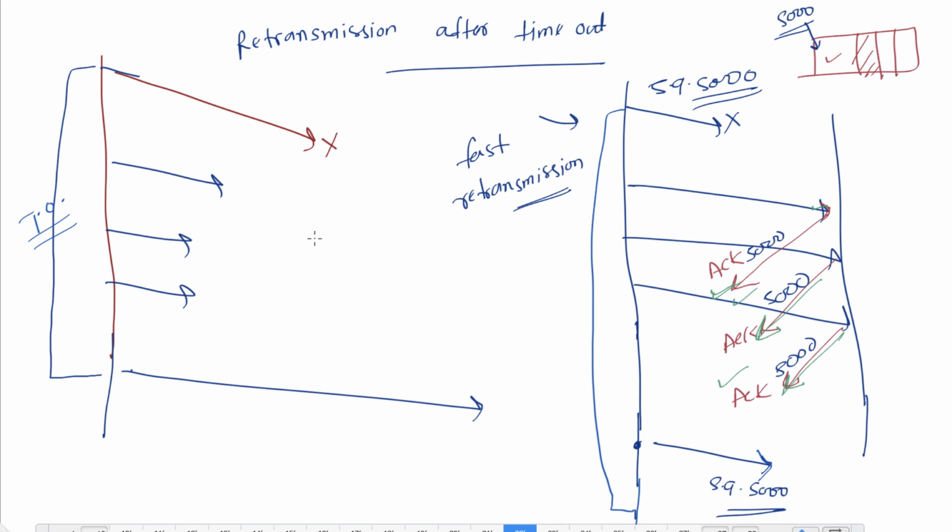In fast retransmission, I'm sure that the other packets have been delivered, which means the congestion or traffic on the network is not that severe. Why? Because if only one packet has been lost and not the other packets, the congestion is not so serious that I should be very worried.